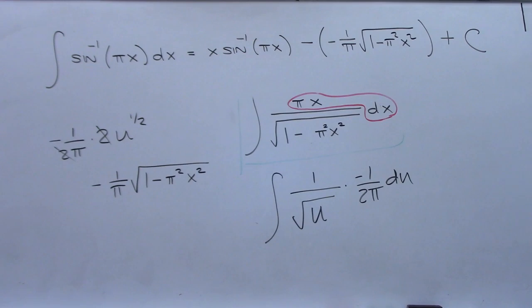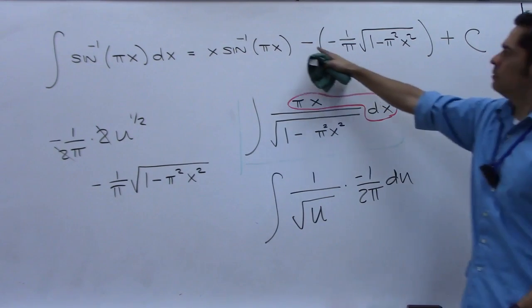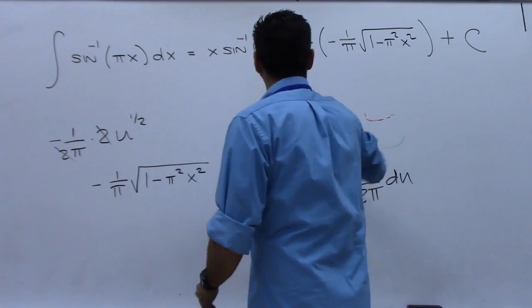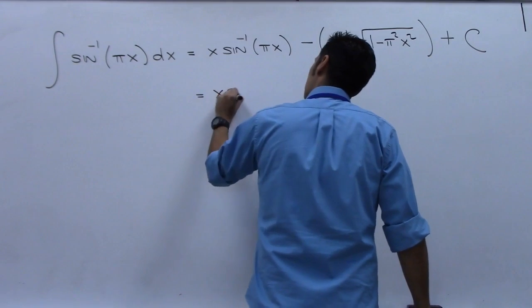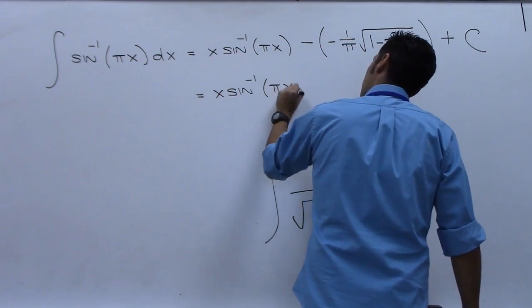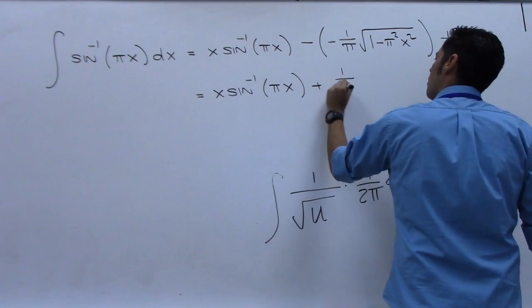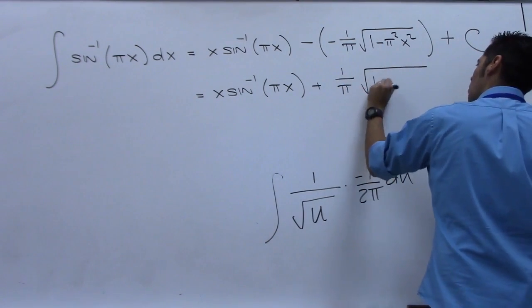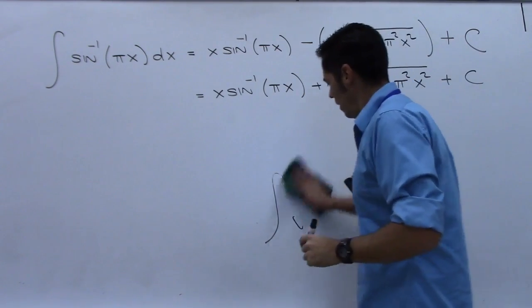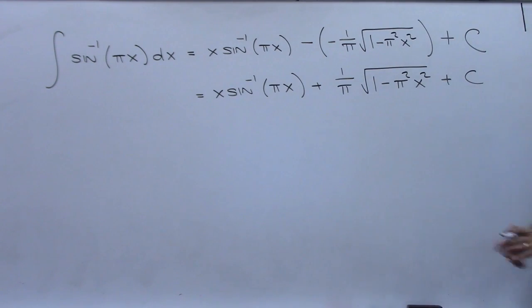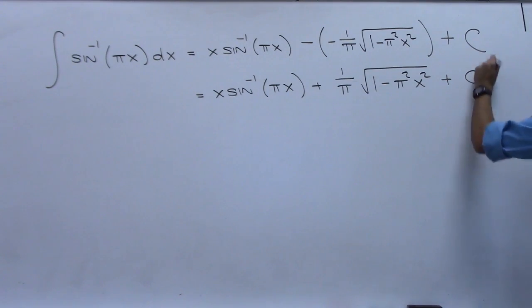And the minus becomes plus right there. So equals x arc sine pi x plus 1 over pi square root 1 minus pi squared x squared plus c. Of course that's the antiderivative of arc sine pi x. It's obvious. We're done. What do y'all think?